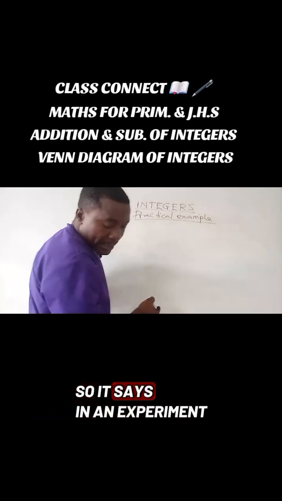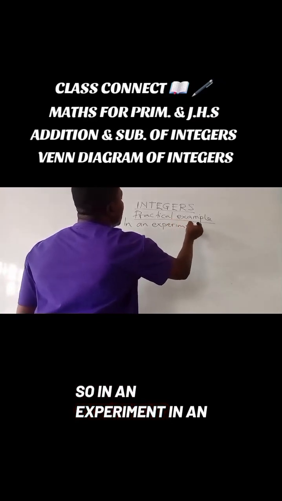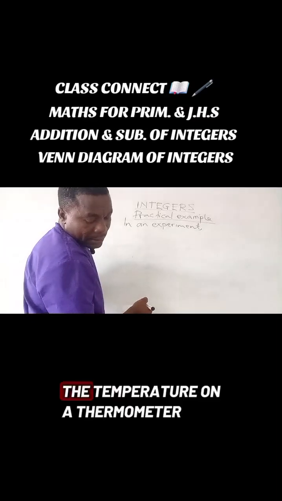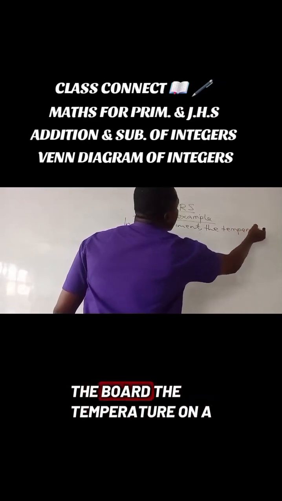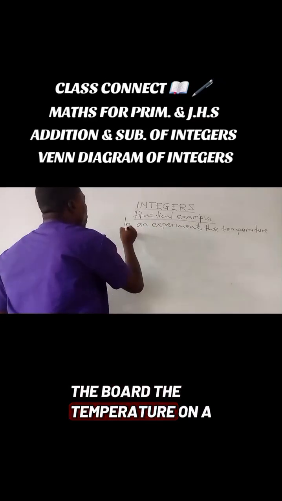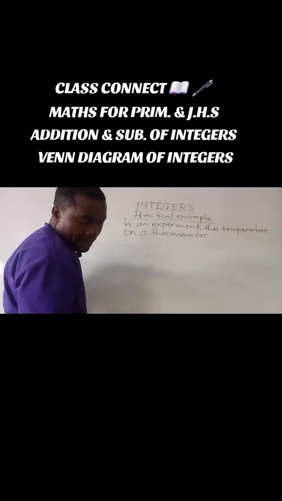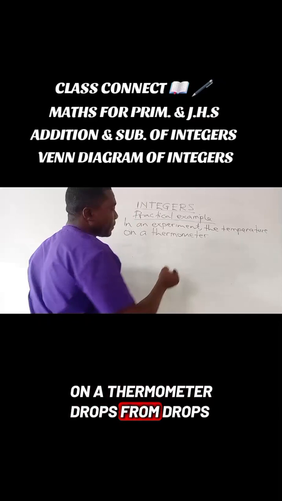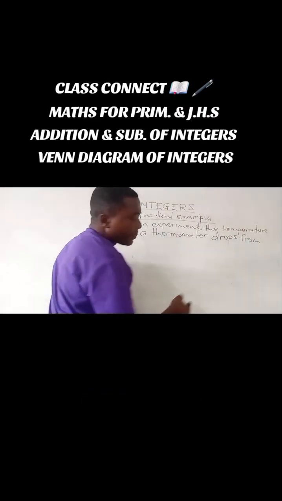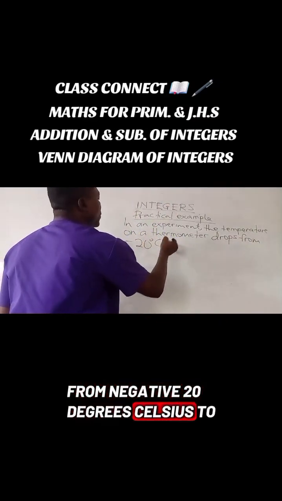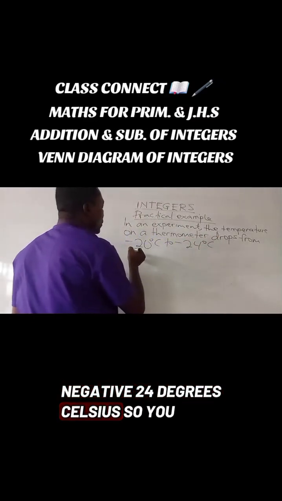It says in an experiment, the temperature on a thermometer decreases from negative 20 degrees Celsius to negative 24 degrees Celsius. Hope you can see the board.